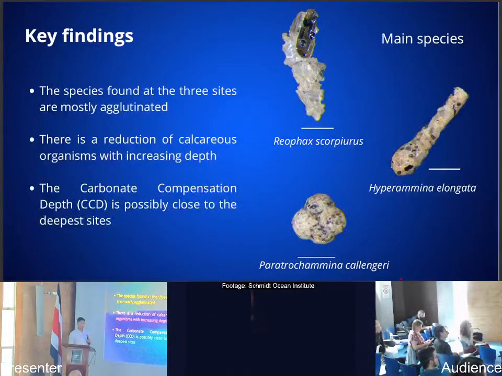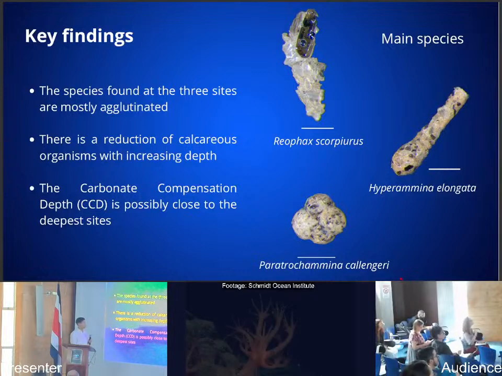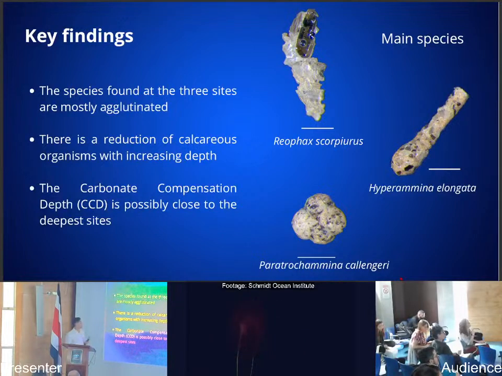The poster highlights the main foraminiferous species at each site, such as Rheophax scorpiurus at Tengoset, and Hyperamina elongata and Paratrocomina challengeri at El Dorado Hill and La Pulperia Hill.